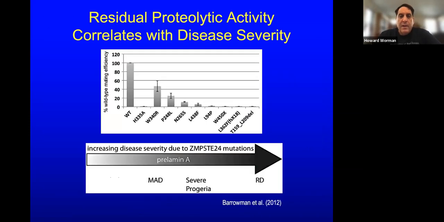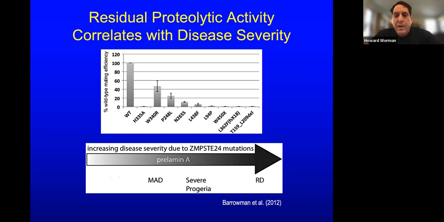And this is work from Susan Michaelis, who showed a few years ago that if you take different ZMPSTE24 mutations that are found in different patients, there's a pretty good correlation between the amount of enzyme activity and the severity of the disease.